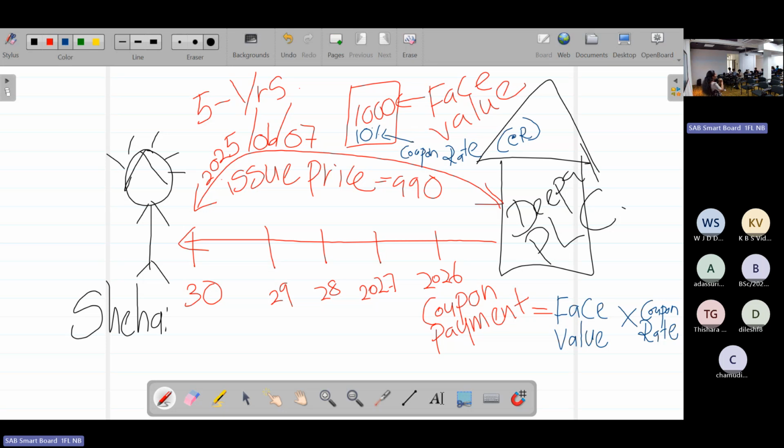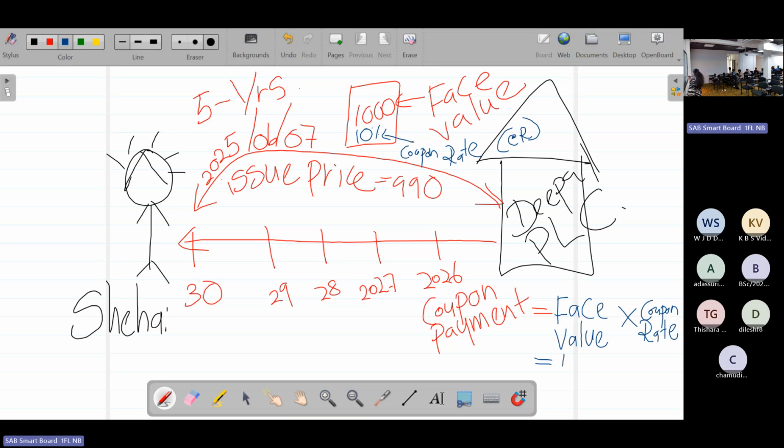Now take the coupon payment at the end of the first year. Right. Deepal, how much are you going to pay? Jehan, how much are you going to receive? How much is it? 100.